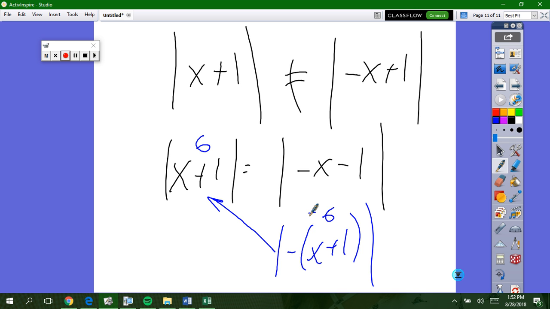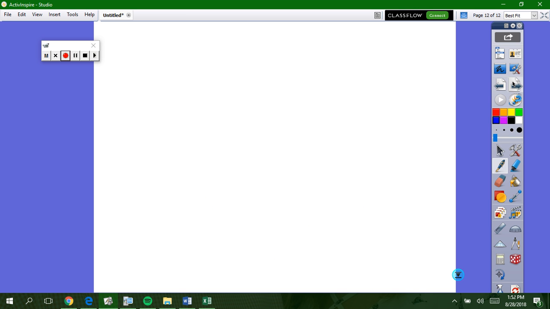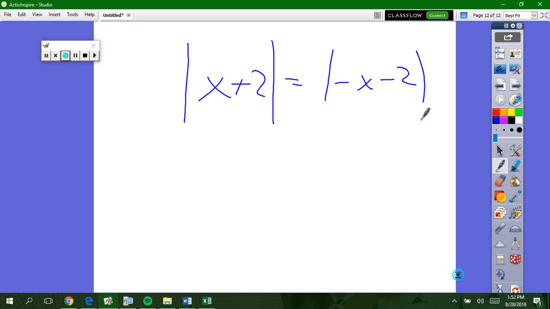A lot of people struggle with absolute value. So who is equivalent to this guy? -x minus 2, right? For the fact of the matter, I could pull out the negative. And once again, that distance and this distance are the same away, right? Does that make sense to everybody?